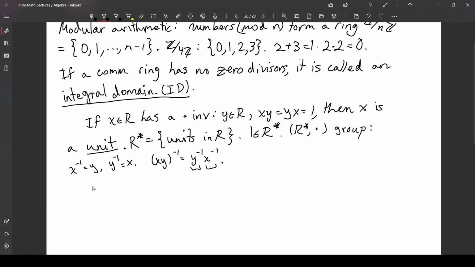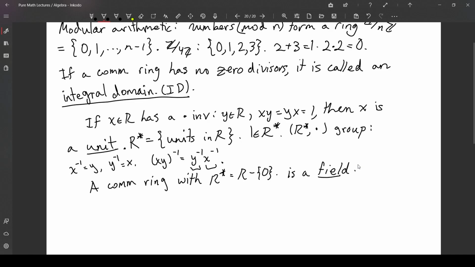Okay. And so just one last definition. A commutative ring with R star being the entire set R minus 0. So basically every non-zero element has an inverse. Then this is called a field. Okay. So as I mentioned before, fields are very important.